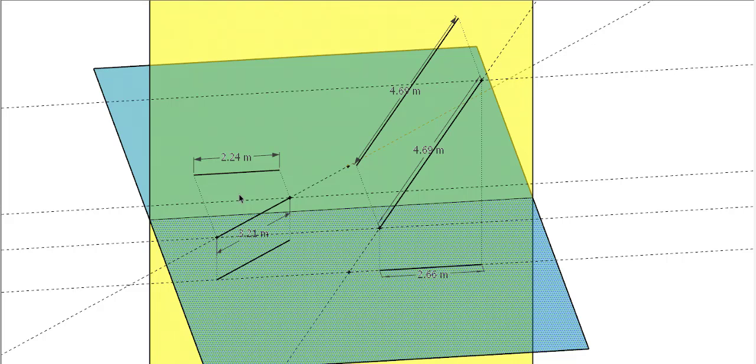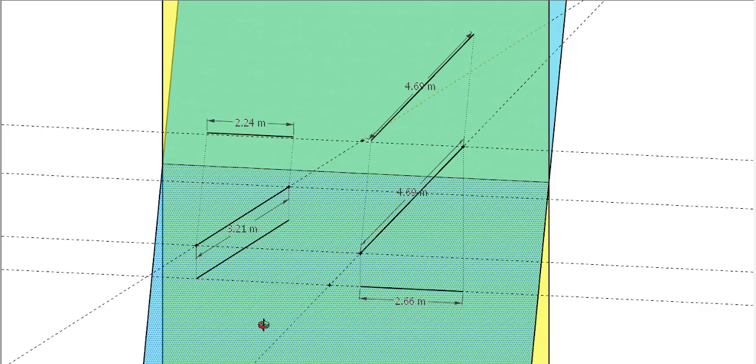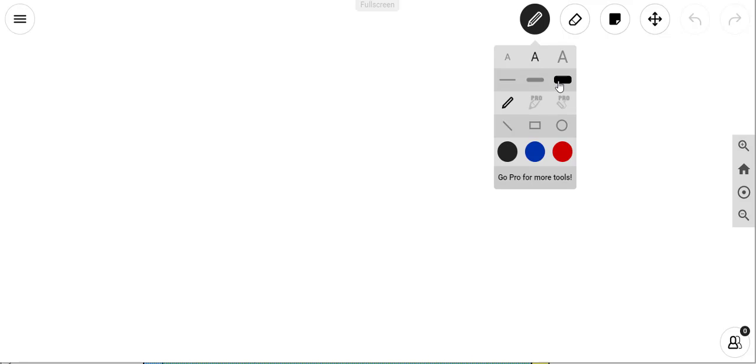Alright, so in this case I'll try to draw the orthographic projection of this particular line. As with any case, the first step will be to draw the XY line.